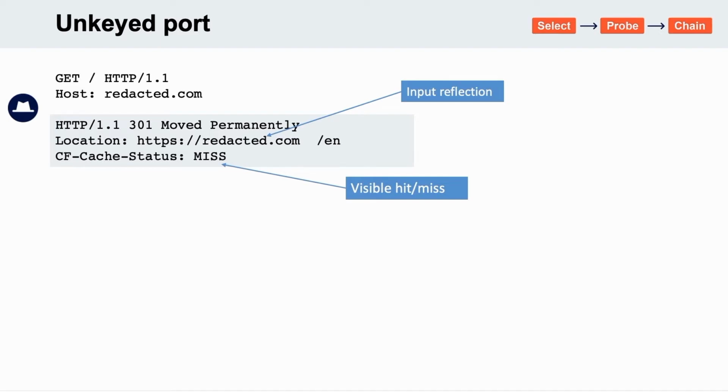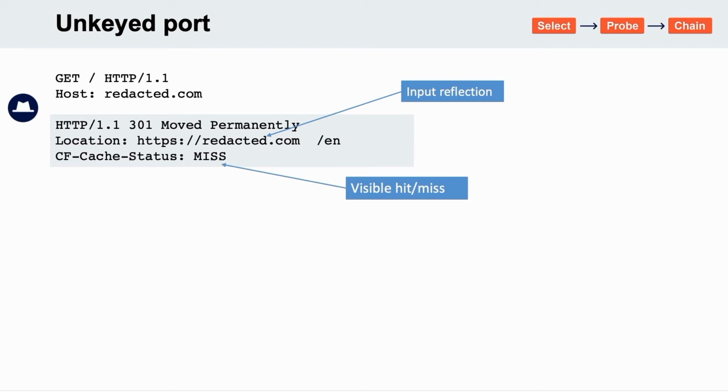Here's a nice simple example of how to apply the methodology based on a real target that I found. For our oracle, we're just going to use their homepage because they've got this header that tells us whether we got a cache hit or a cache miss. That makes life easy. And they're also reflecting the host header, which is where we're going to put our payload.